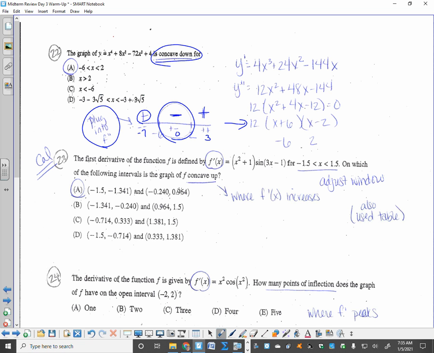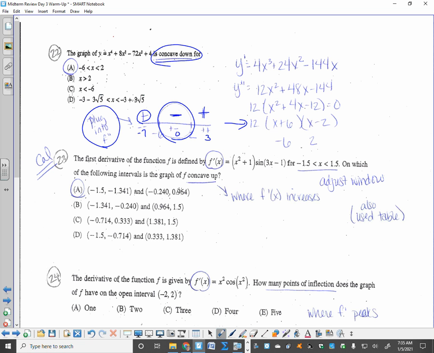Number 23, the first derivative is given by that thing. And I want to know on what intervals is the graph concave up. So again, going to type him in, make sure you're in degrees, adjust my window, and I'm looking for where f prime increases.